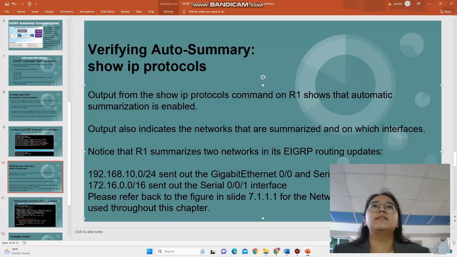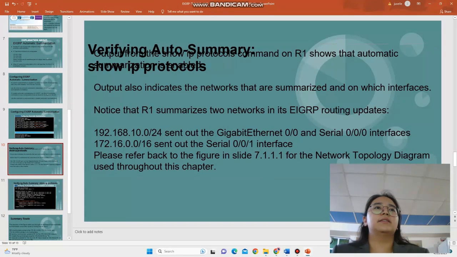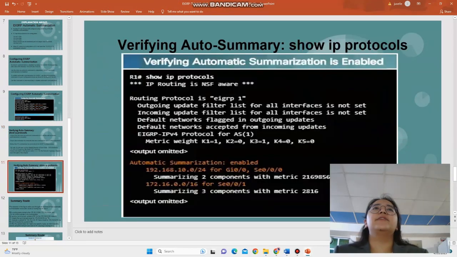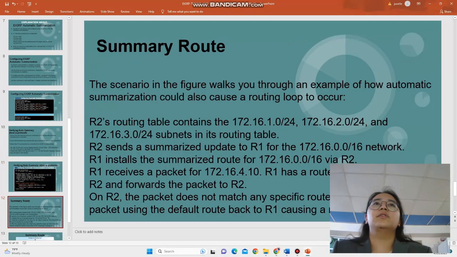So, this is the Gigabit Ethernet and serial interfaces. Please refer back to the figure in the slide. This one. Okay. Sorry. So, this one, the verifying auto-summary show ip protocols.